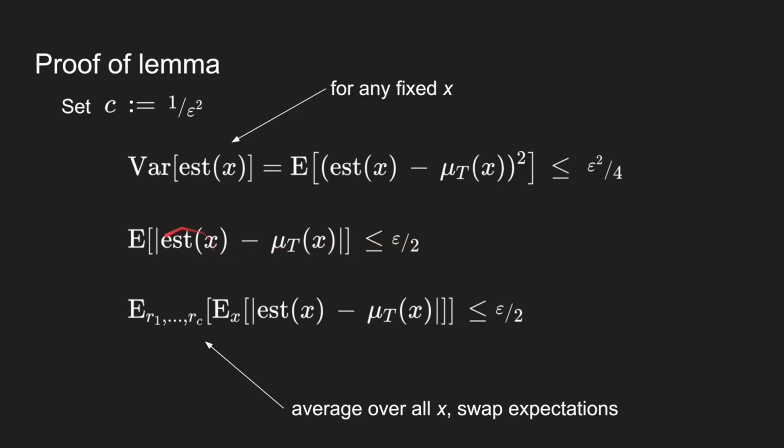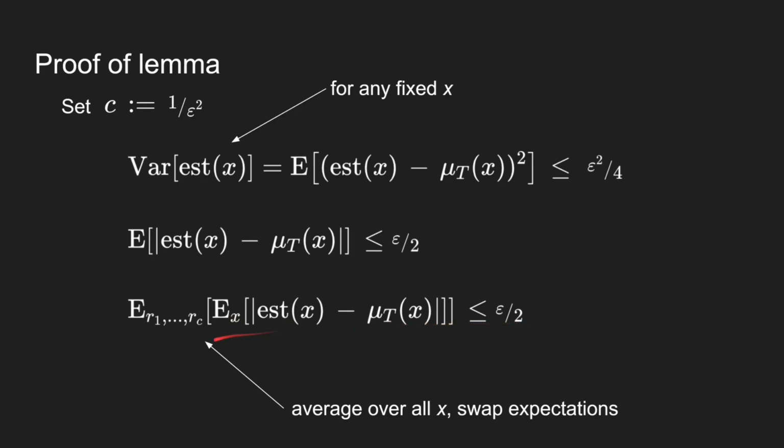But this is still for a fixed x, and the expectation is over the randomness of R_1 through R_C. So now we take one more expectation over all x and swap the expectations, and we get that the expected absolute value distance between the estimator and mu_T is at most epsilon over 2.